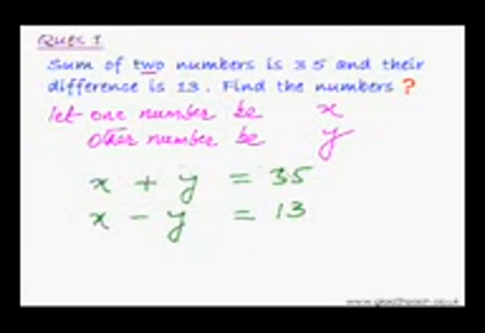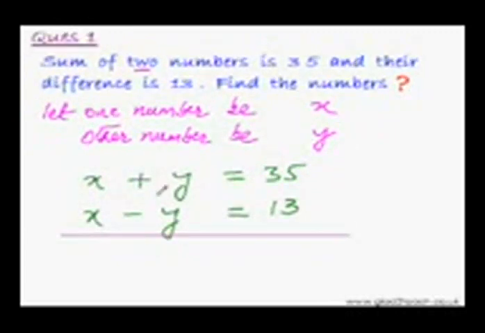We can use any method to solve these equations, but since the coefficients are already equal, see 1, 1, 1, 1, the second usual way, that is elimination by making the coefficients equal, would be the fastest way. Now as you can see, on adding these two equations, plus y and minus y will cancel each other out.